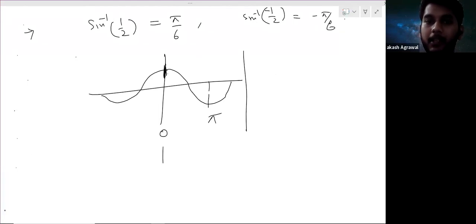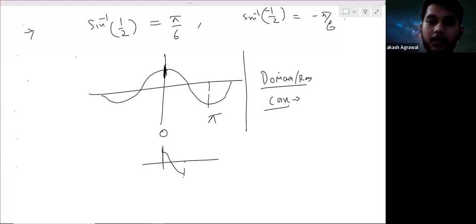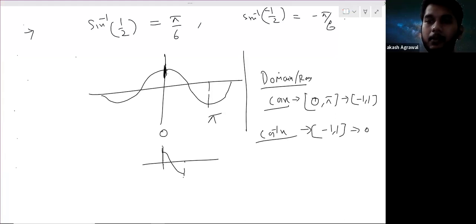So we take the graph as this only. Remember this domain and range of cos x. The domain is 0 to pi and the range we get is minus 1 to 1, similar, right? So for cos inverse x it becomes the opposite, minus 1 to 1, but the range 0 to pi.